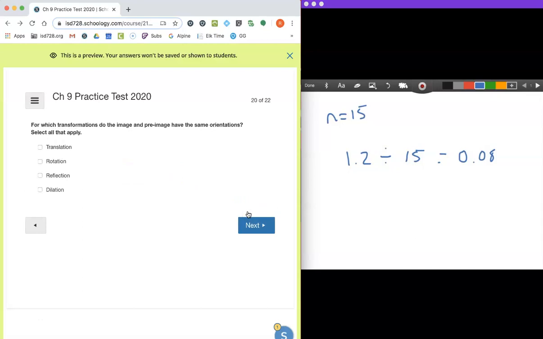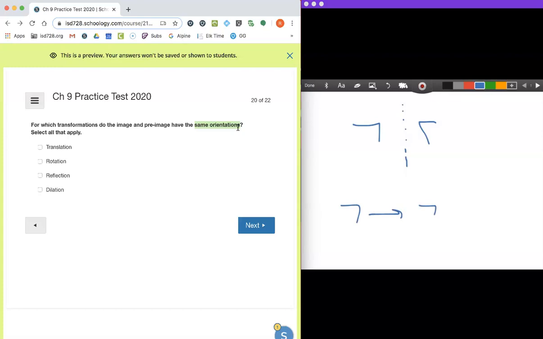Okay. For which transformations do the image and pre-image have the same orientations? Okay. This just means that they're not backwards from each other. So if I reflect the number 7 across this line, I get a backwards 7. Okay, so those have opposite orientations. So that wouldn't happen if I translated the 7.